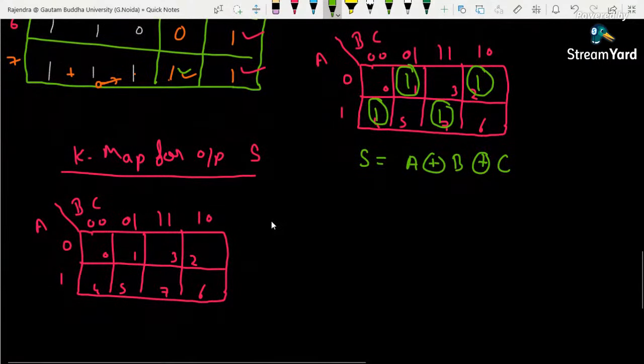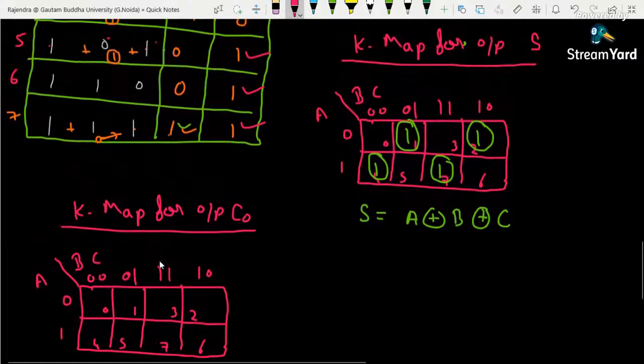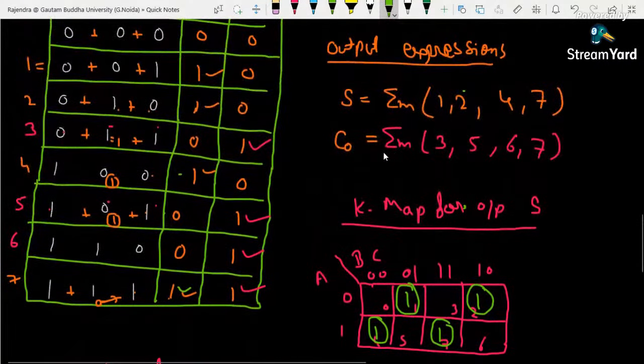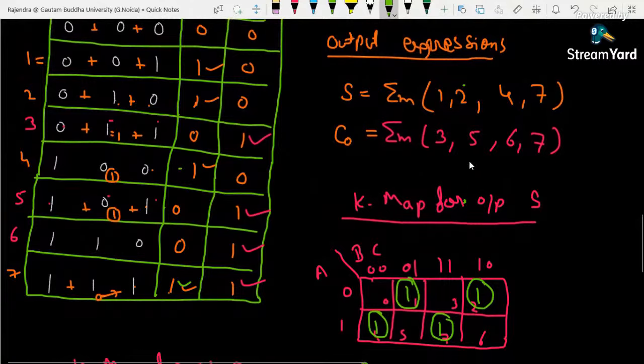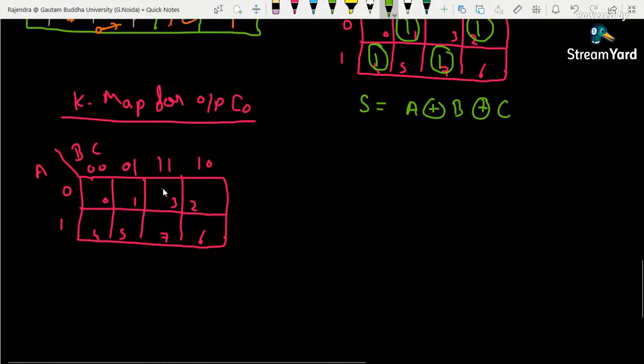Similarly, we will solve the K-map for C naught, the carry out. So fill this K-map. See, the expression C naught is equal to sigma m 3, 5, 6, 7. So fill cell numbers 3, 5, 6 and 7. Now make a bigger group.